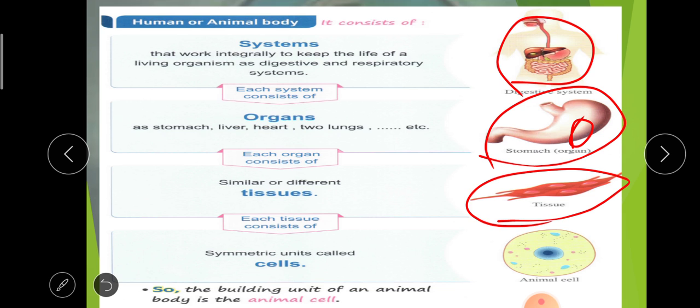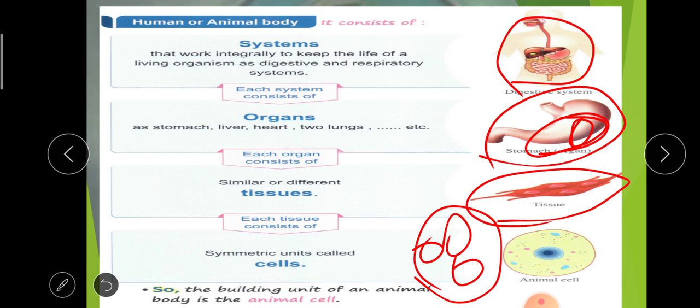It's like the wall of the stomach. The wall of the stomach is called tissues. These tissues consist of cells. The cell beside cell makes a tissue. It means animal cell is the building unit of the human body and animal body.